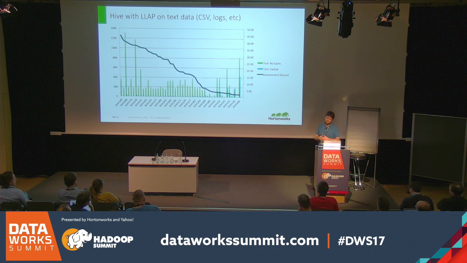And if you do that on local disk, like I suggested before, the first query will take the hit and transform the data, and from then on, you will get queries on the text data as quickly as you would if they're already in ORC. So that's why we're getting these 50 times speedups on text data after the data has been cached.